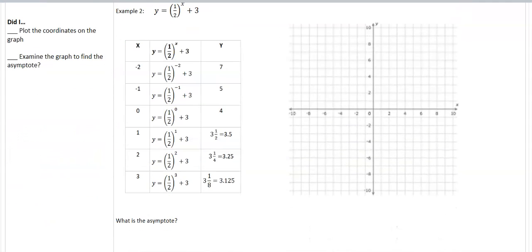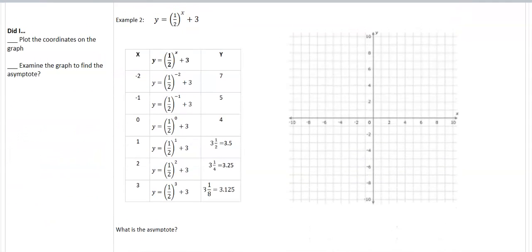Now in example 2, we have y is equal to 1/2 raised to x, plus 3. Again, the table is already completed for us, so we want to go ahead and plot our points. So x is negative 2, y is 7. X is negative 1, y is 5.